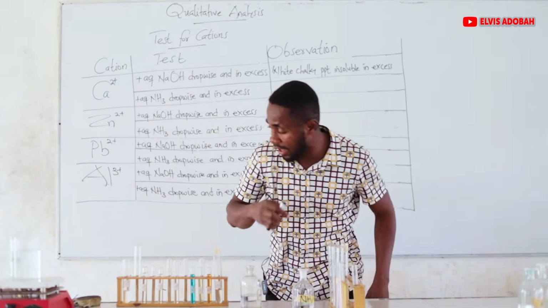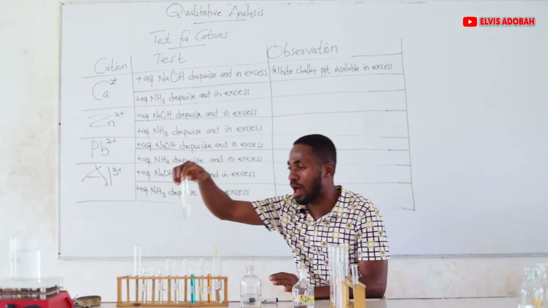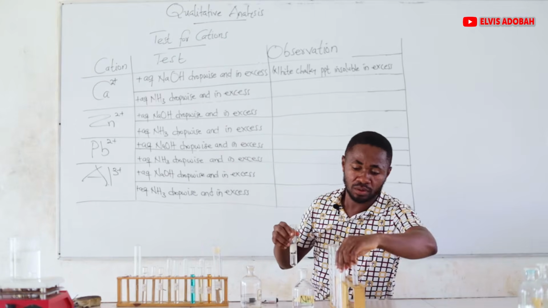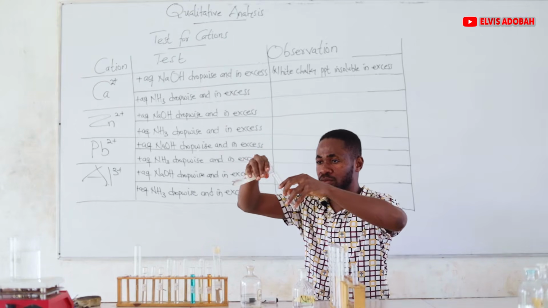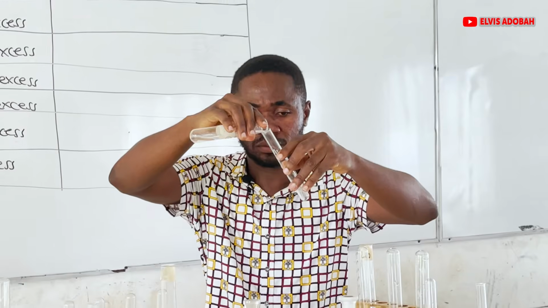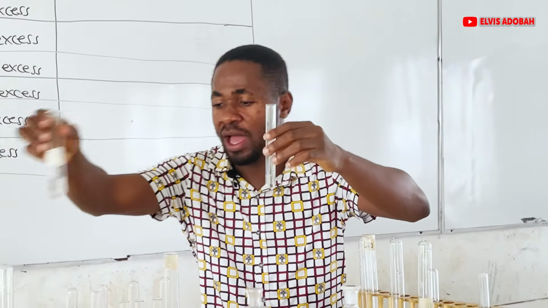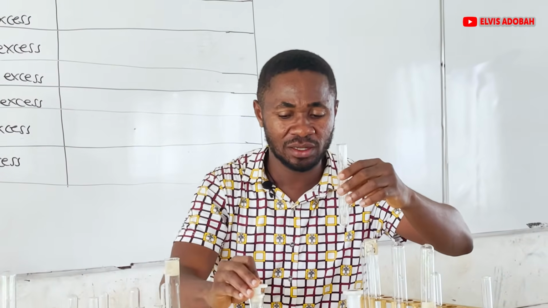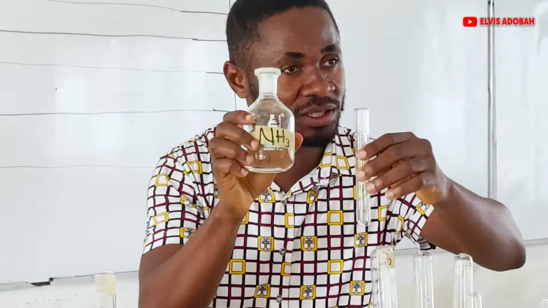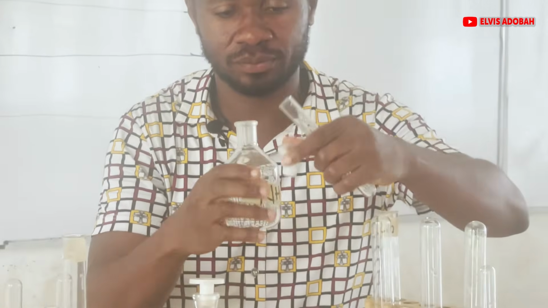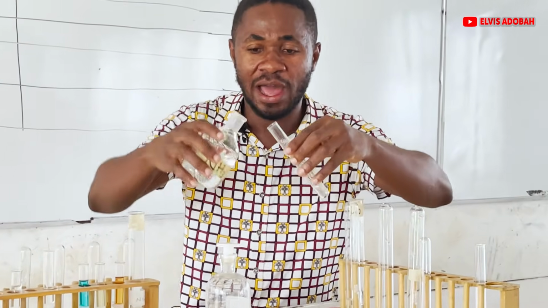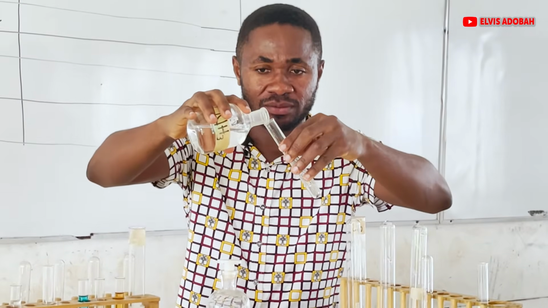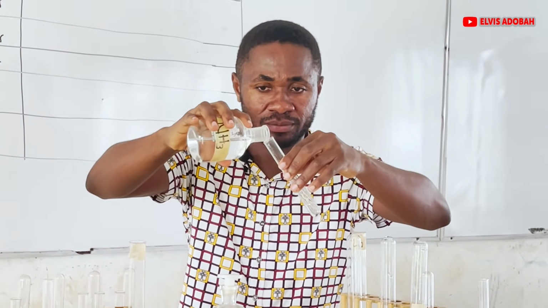Then I take another small amount of my calcium sample. This time, I'm not going to use sodium hydroxide as my reagent. I'm going to use aqueous ammonia. That one too, I will add it dropwise, then later in excess.